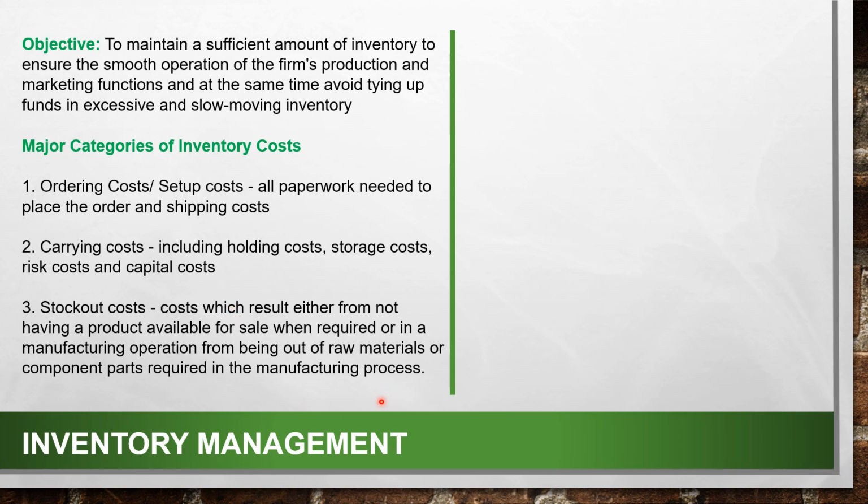Third, we have the stock out cost. This is the cost which results either from not having a product available for sale when required, or, in a manufacturing operation, from being out of raw materials or component parts required in the manufacturing process.